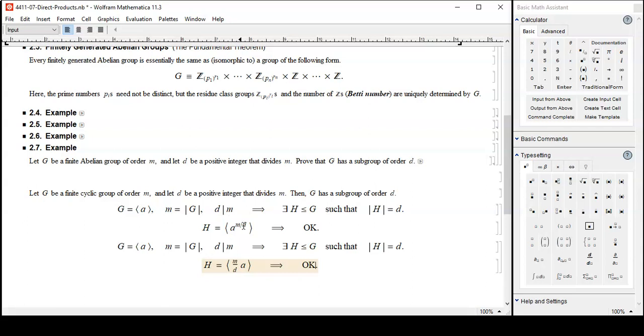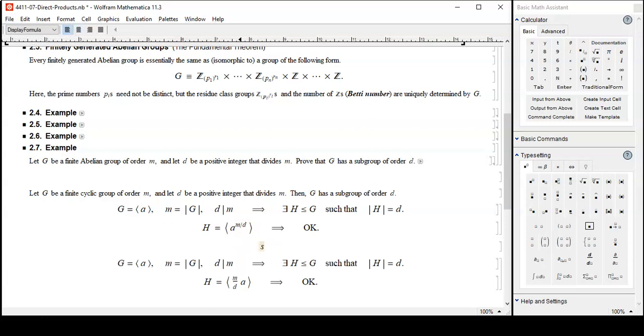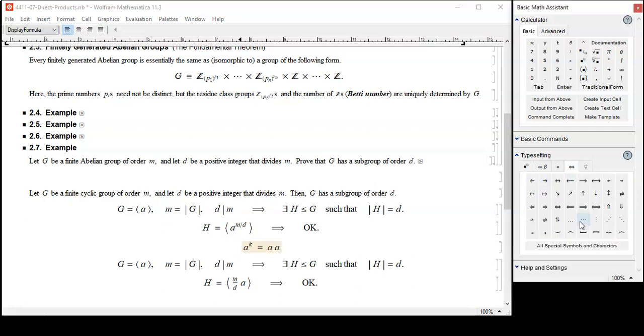So this A to the M over D power, or in general, in this case, A to the K power, is A times dot dot dot, which is repeated K times.